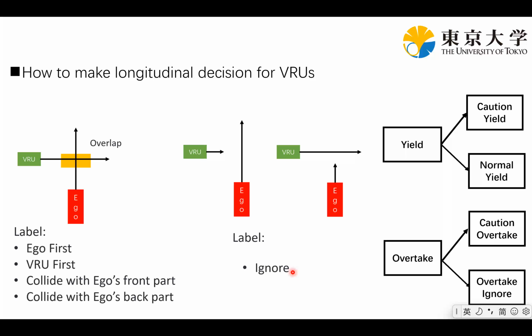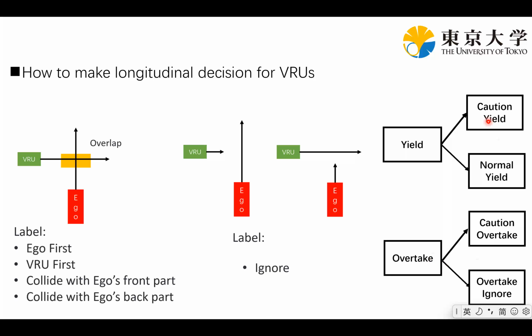The decisions are then made by combining these labels with the A-star results. Additionally, to refine the decision-making process further, yield and overtake are divided into caution yield and normal yield, caution overtake and normal overtake.